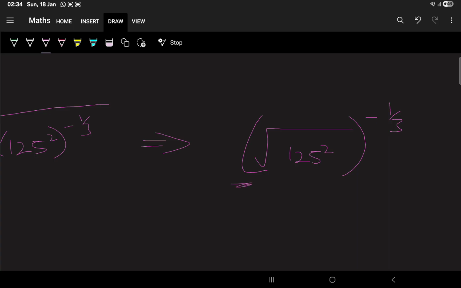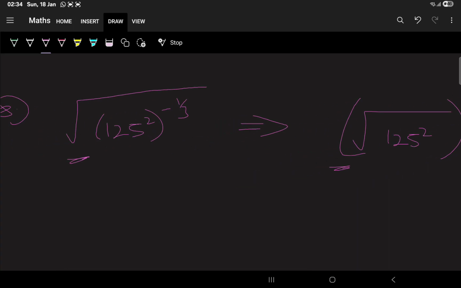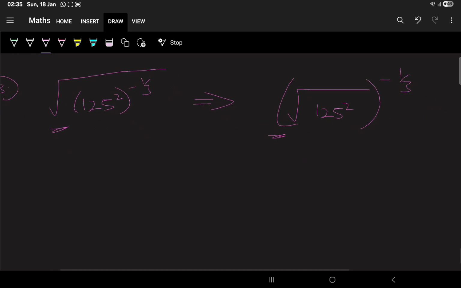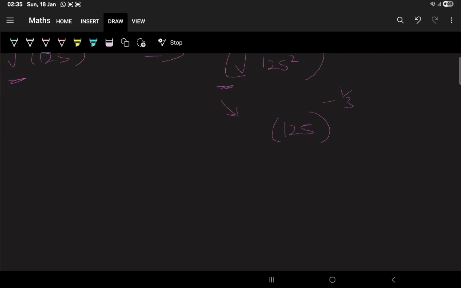Remember, this and this, as explained in the first video, are homogeneous, meaning they are the same. Now, the square root of 125 squared is 125, and it's raised to the power of negative 1 over 3.